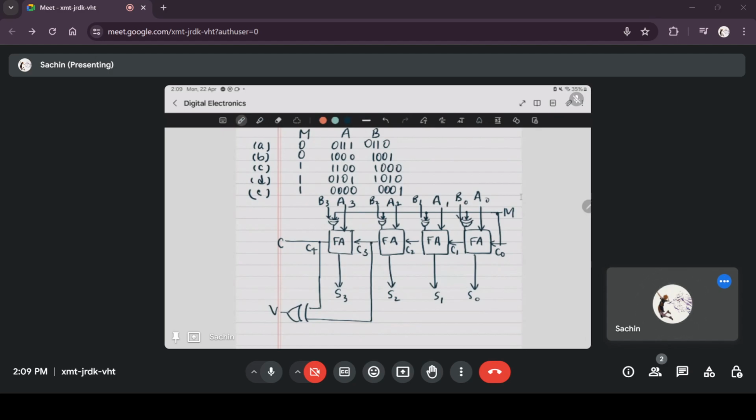And in either case, if C3 and C4 are not both 0 or not both 1, then there has been an overflow. That is, if you are adding two 4-bit numbers in 2's complement representation, with 4 bits you can have 2 power 4, which is 16 combinations, so you can go from -8 to 7.